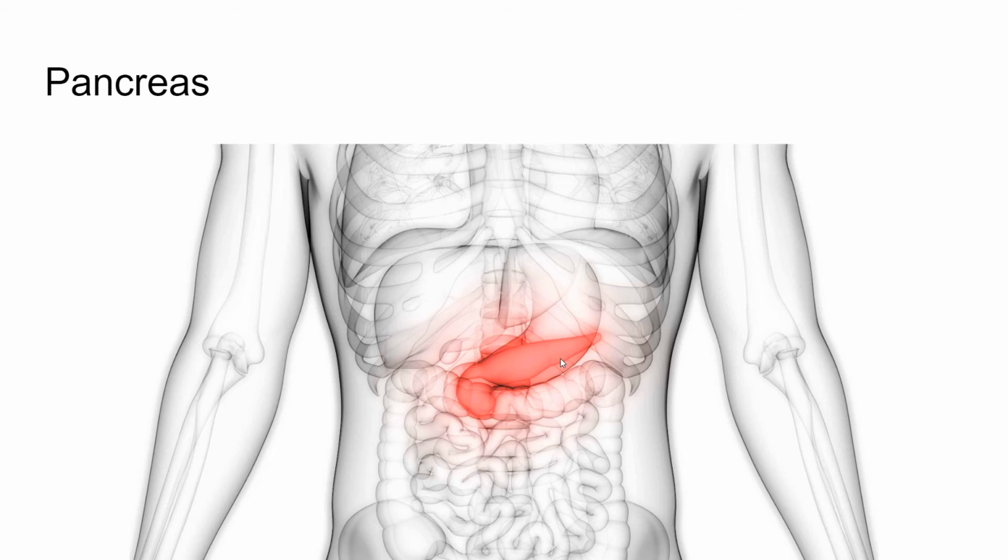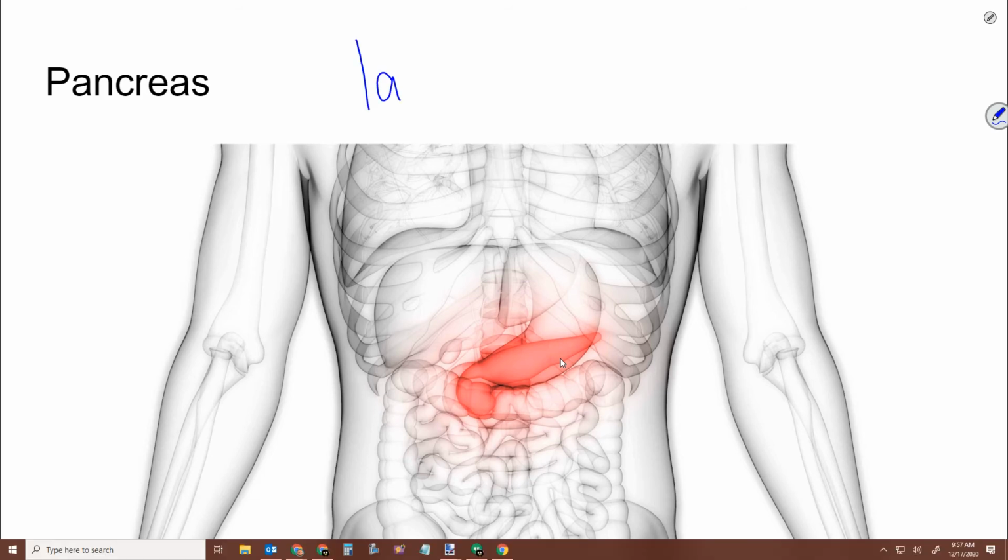For its endocrine function, there are a set of cells called the islets of Langerhans. Big word there. And these cells are directly responsible for the endocrine function of the pancreas.